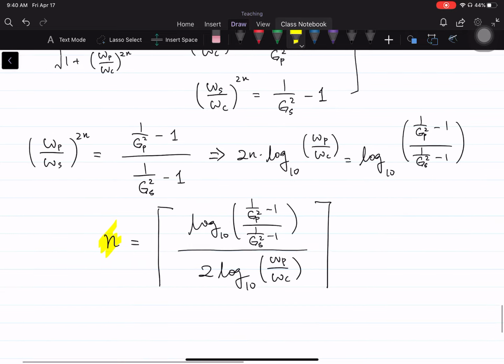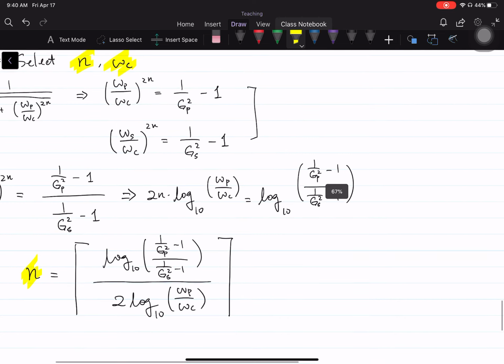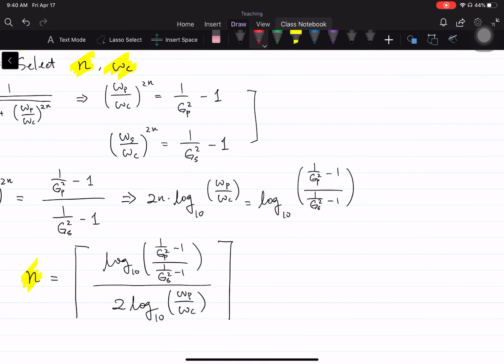As soon as you figure out the order, you plug it back into these two equations, and you will end up with two omega c's.